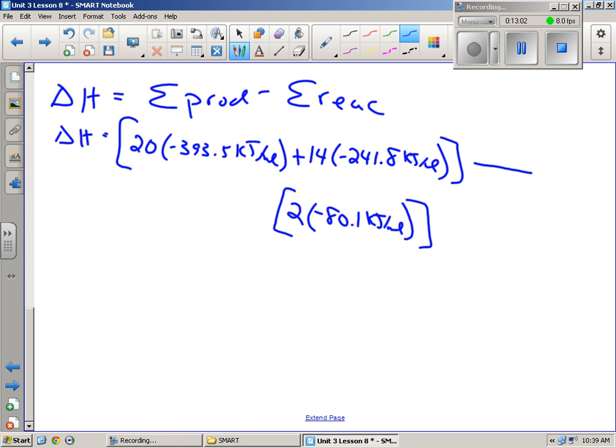Okay. So let's add these up. 20 times negative 393.5 plus 14 times negative 241.8 minus 2 times negative 80.1. Oops. What did I screw up here? There we go. Negative 11,095.